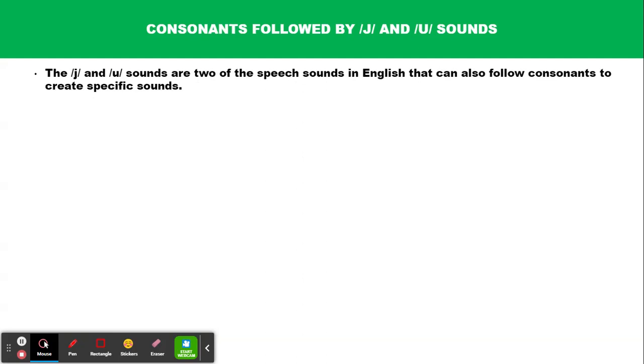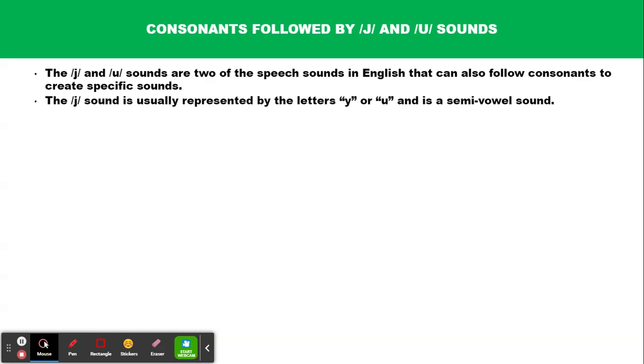The J and U sounds are two of the speech sounds in English that can also follow consonants to create specific sounds. The J sound is usually represented by the letters Y and U, and of course, J is a semi-vowel, while U is a vowel sound, okay?